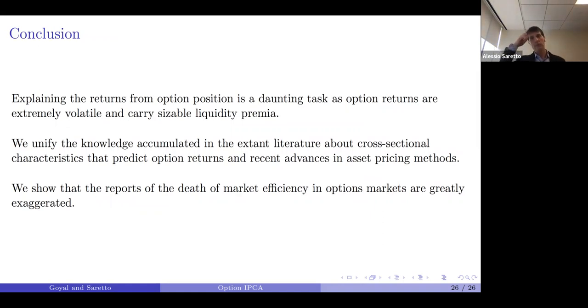It turns out that explaining option returns is very hard, even with a tool as flexible as IPCA. You explain away most of it. There are still some particular trading strategies that are very hard to price.